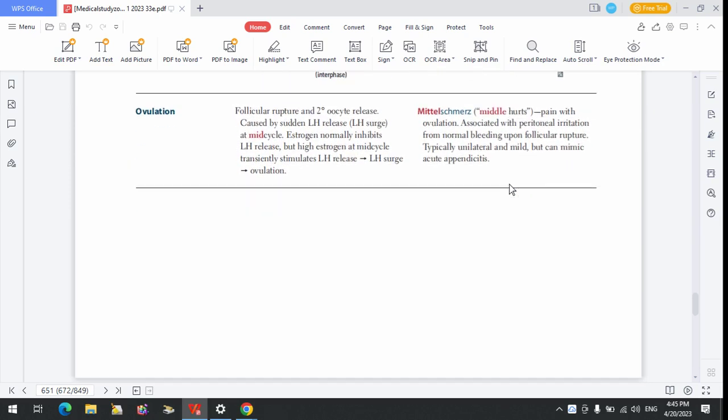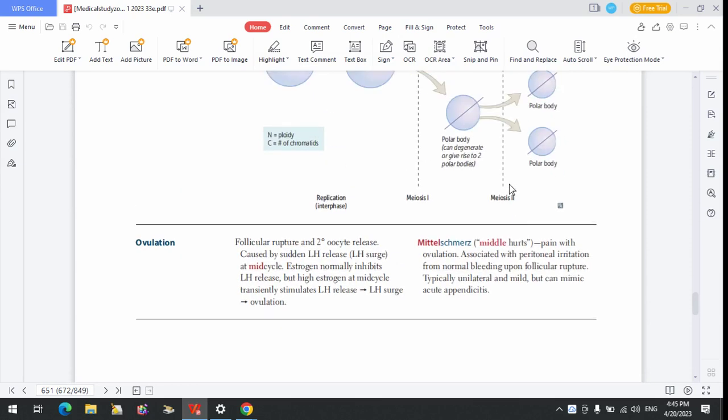So, what happens at ovulation? I don't know why they put ovulation here, but we just keep learning it the way it is arranged so that we don't miss out anything. The oocyte is surrounded by follicular cells, like a small structure.